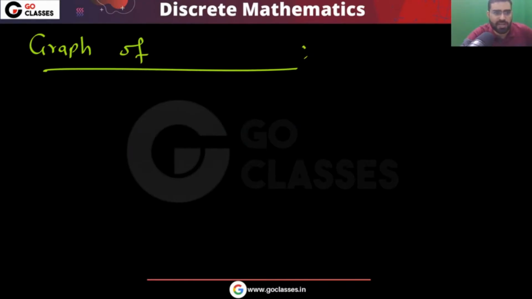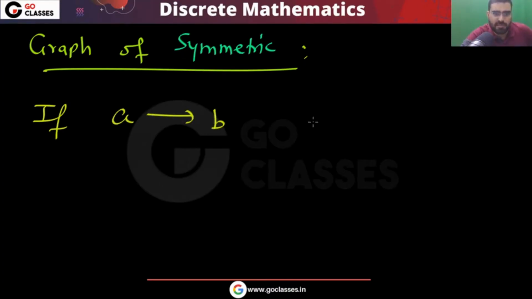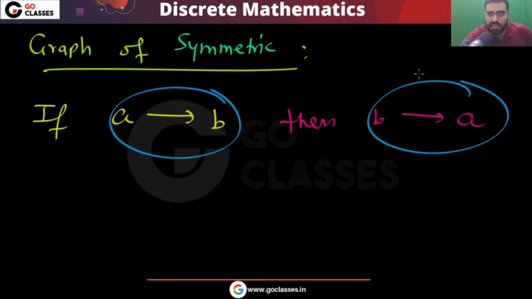What is the graph of a symmetric relation? If this arrow is there, then this arrow also must be there. So you must have bidirectional edges, all the edges must be bidirectional.